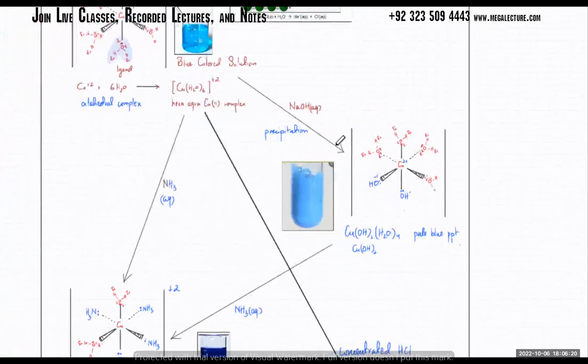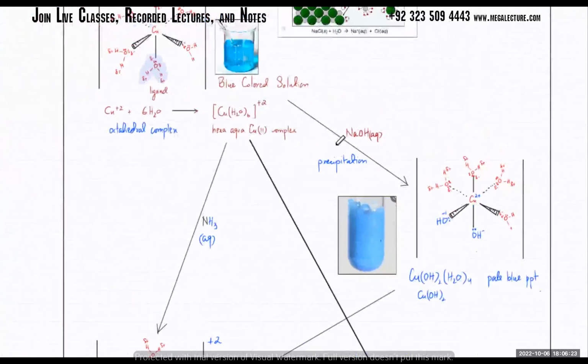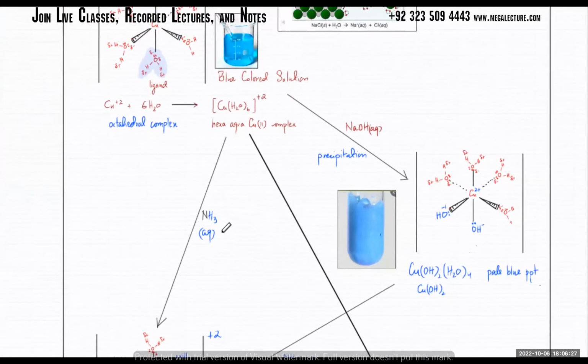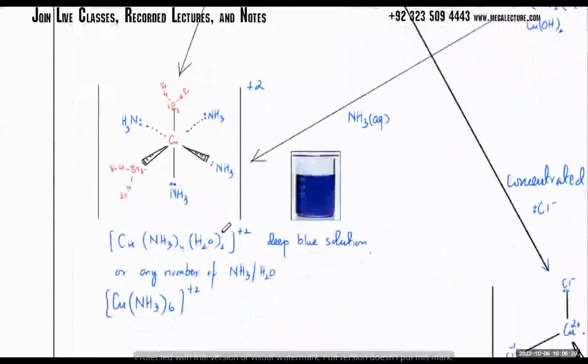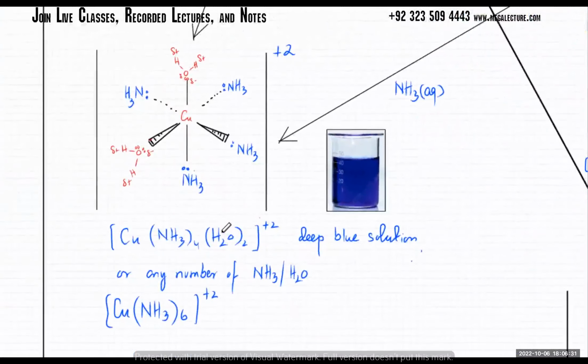And then if you add ammonia to it, ammonia is a ligand. What happens now is that the water molecules are going to get knocked out and replaced by ammonia. It could be any number of ammonia molecules, as long as the total number of ligands is 6.